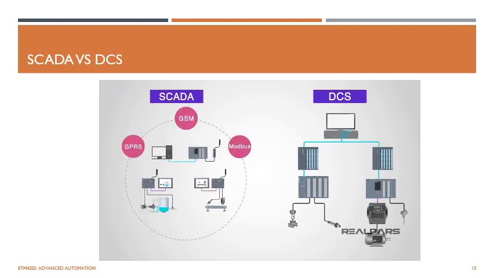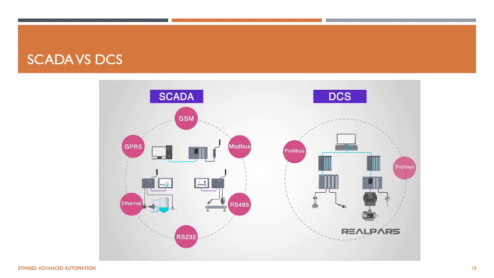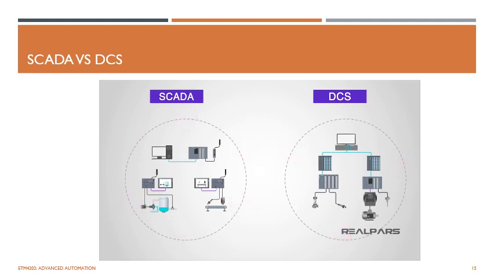Communications within a SCADA system can vary widely and have adapted to the changing technologies. While the DCS has also adapted, there are still some proprietary communications that can be challenging. It has been said that if safety is a priority, then the DCS is the route to go.